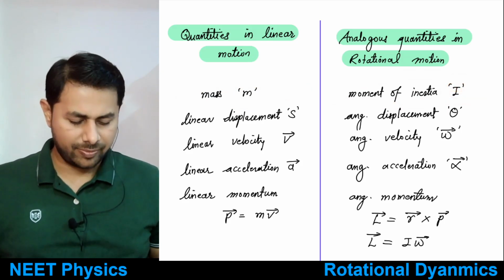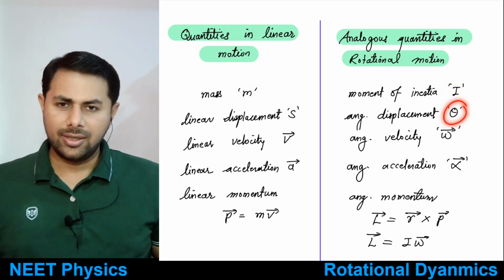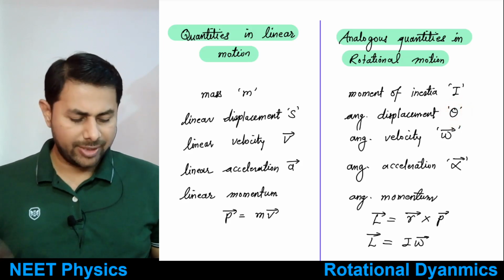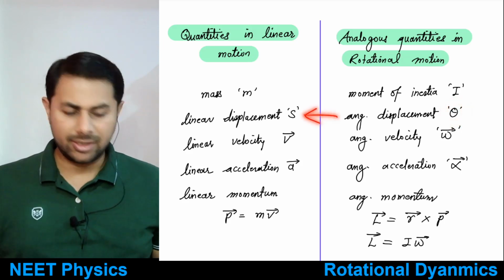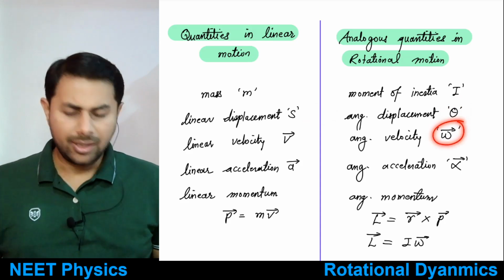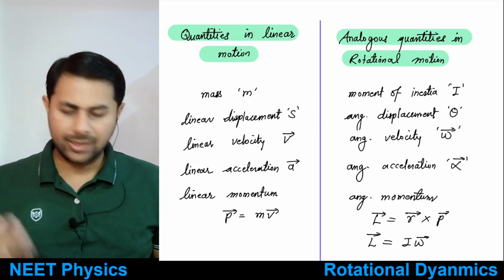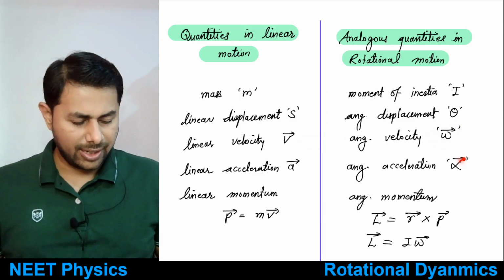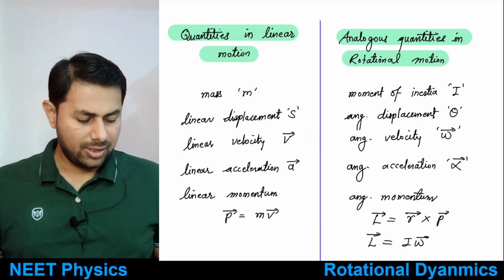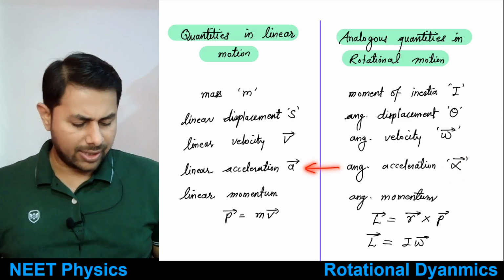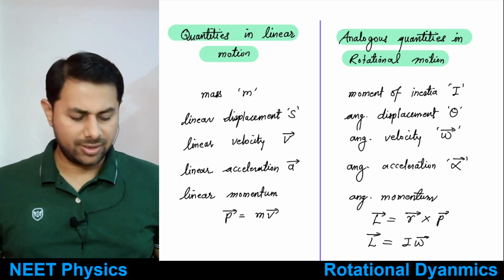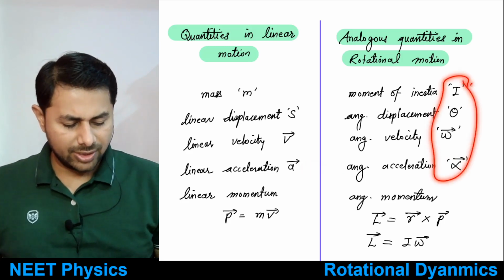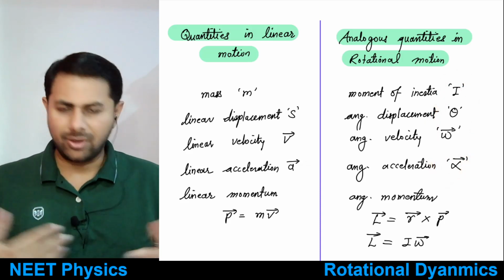Analogous means similar. Then theta is the angular displacement, analogous to linear displacement. Then omega bar, the angular velocity, is analogous to linear velocity. And alpha is angular acceleration, analogous to linear acceleration. So if you make use of these things, then you can find out all formulae.